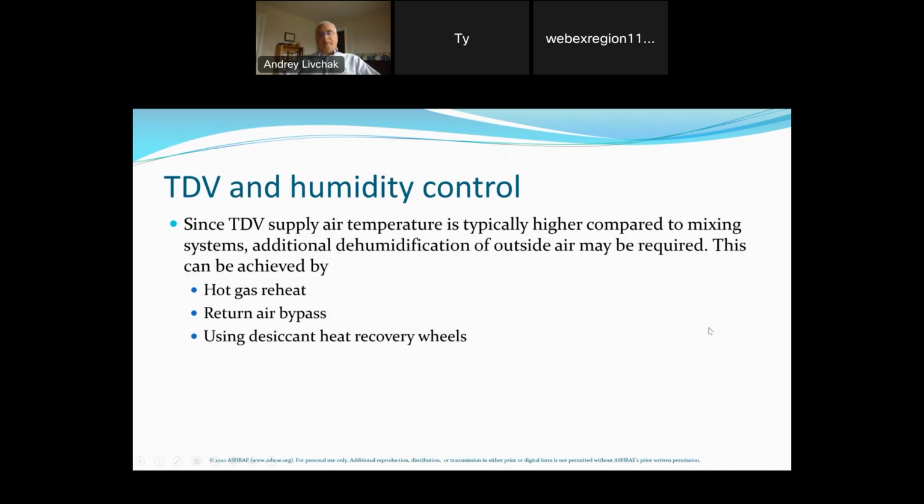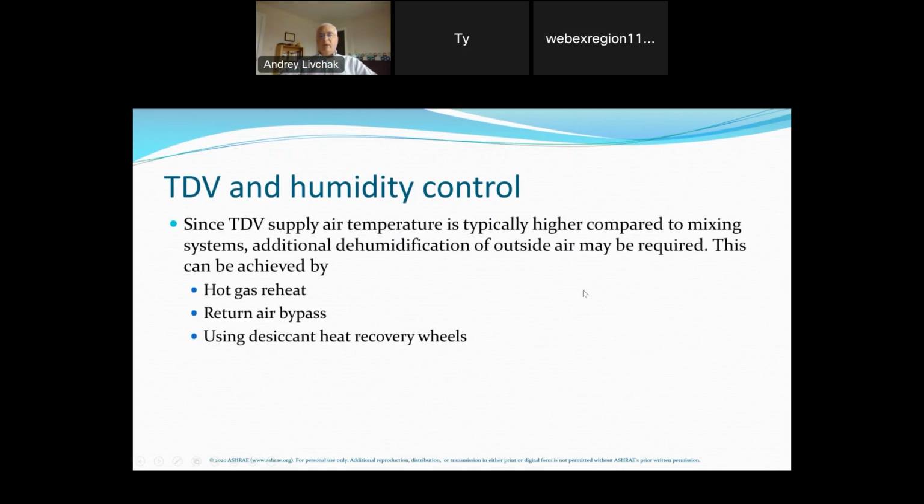There are a lot of questions about what the typical supply air temperature is with displacement ventilation in cooling mode. When we talk about classrooms or office spaces, because air is supplied directly in the occupied zone, it is recommended to have a supply air temperature not lower than 64, 65 degrees Fahrenheit.